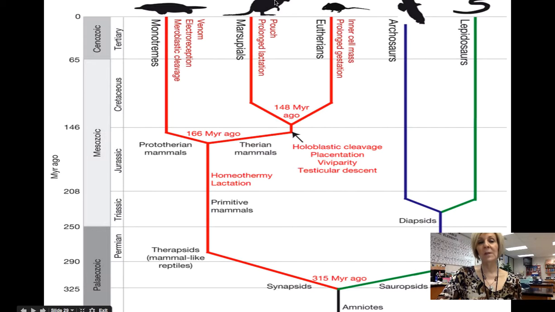And the marsupials, which we also mostly see in Australia, are the pouched mammals that have prolonged lactation. The babies are born very prematurely, but then they develop in the pouch.